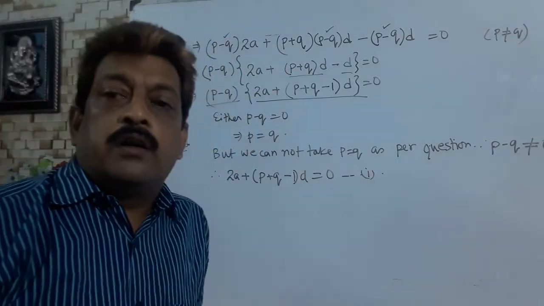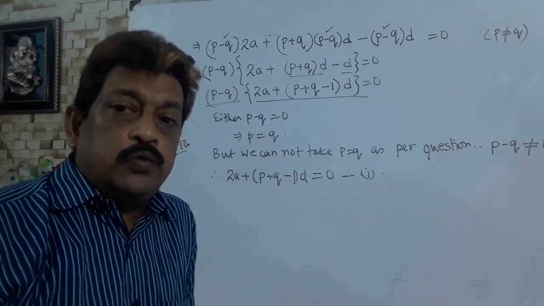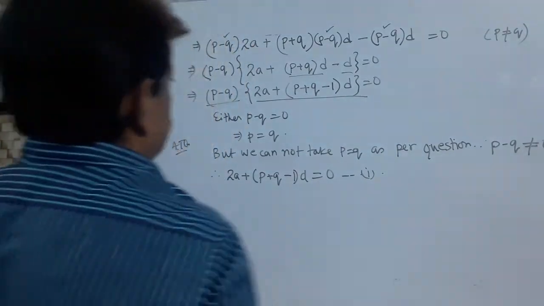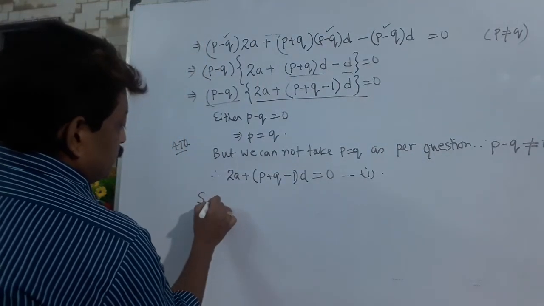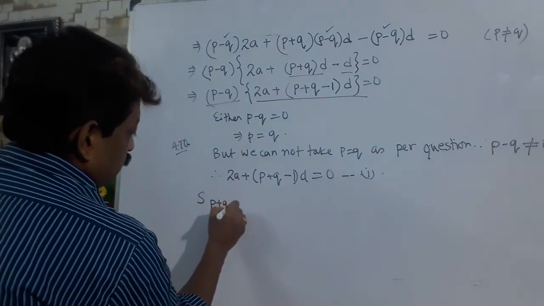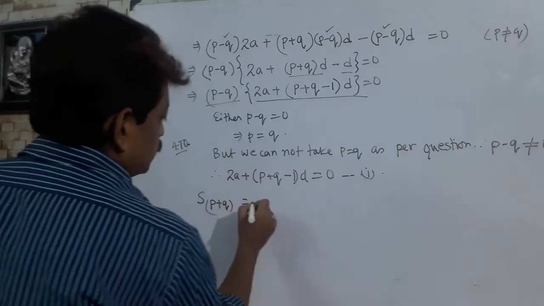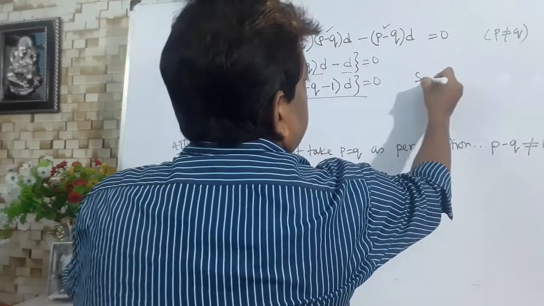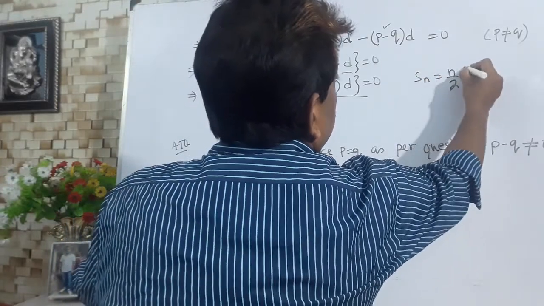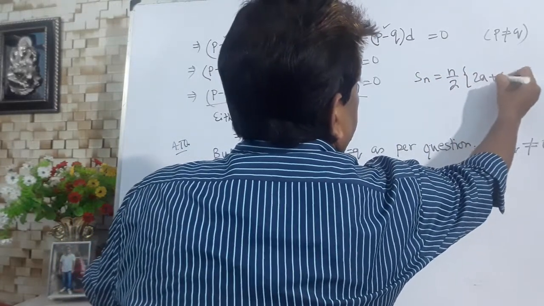Now we have to check the sum of p plus q terms. So let me use the formula again to find the sum of p plus q terms. So S of p plus q is equals to, in place of n, the formula for Sn is n by 2, 2a plus n minus 1 d.